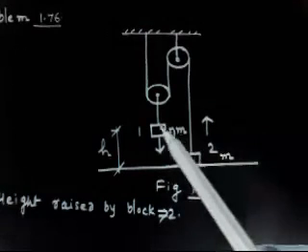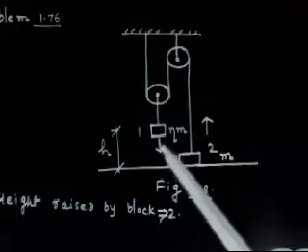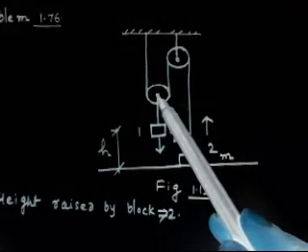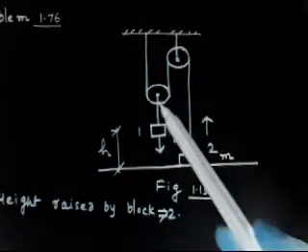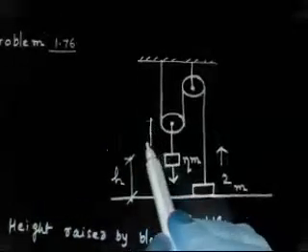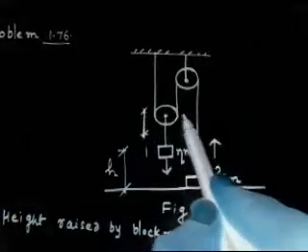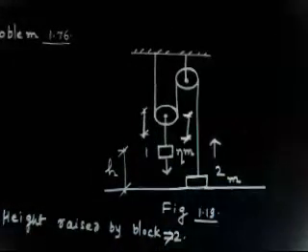You see, if this is a string, and this goes down by height h, then this also goes down by height h. So this string has to open by h on this side, and on this side also it has to open by h. Are you getting?